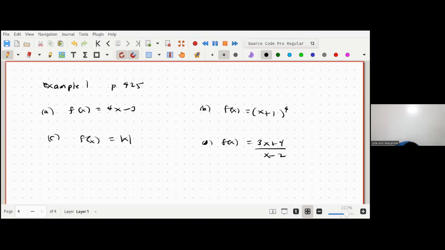Okay, so pwede pa share ng screen, tapos patingin ng graphs ng mga functions na yan. And then tell me as you go through each function kung is it one-to-one or not.